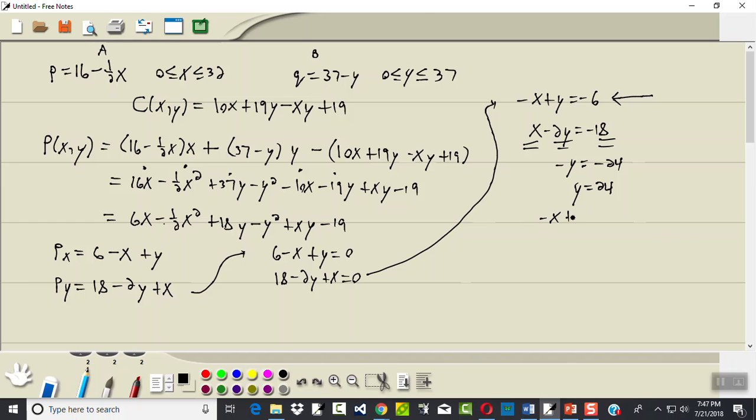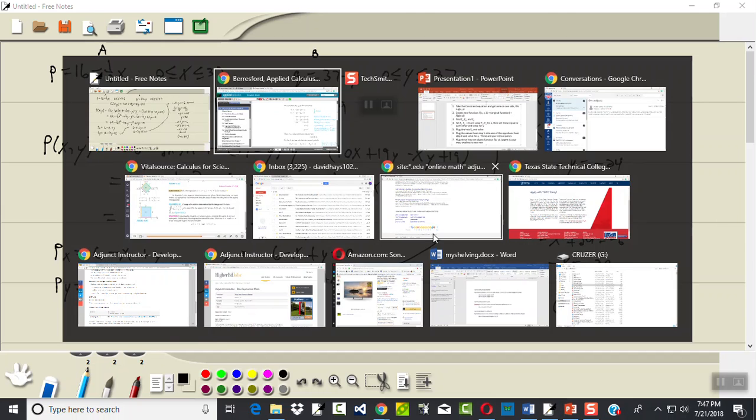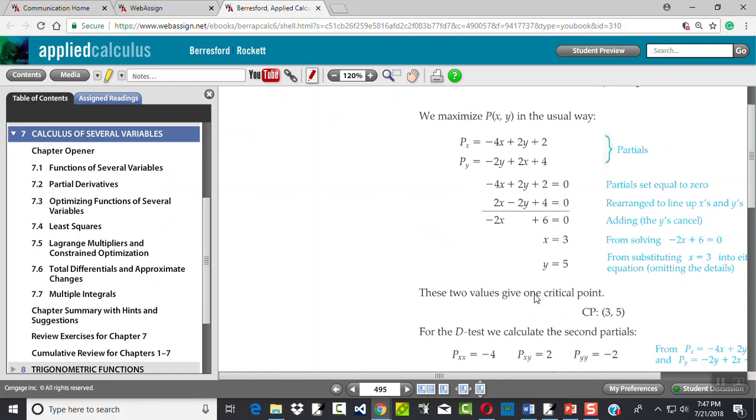So I got negative x plus y is equal to negative 6. We just said y was 24. Take 24 over, becomes a negative 30, and we got x is equal to positive 30. So our point is 30, 24. That's our critical point. That's what we just found here.